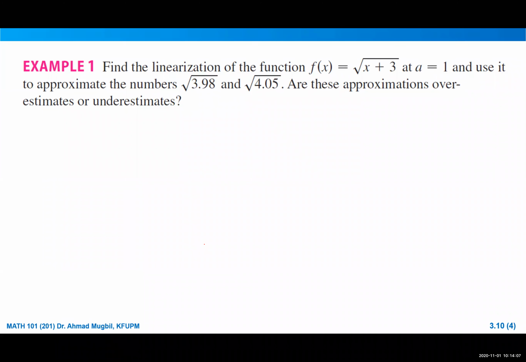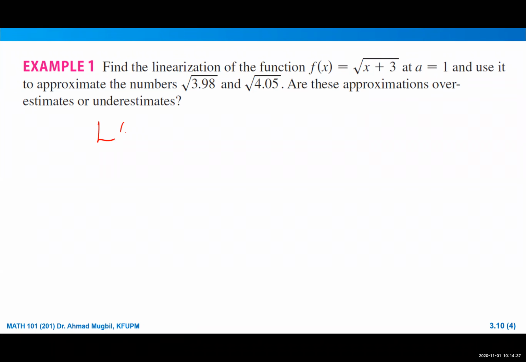Let's have an example. Find the linearization of this function. This function is not linear. What is the linear function corresponding to this function? It could differ from number to number. So what is it at A, at x equals 1? Let's start. How do we find the linearization of this function? Find the tangent line.